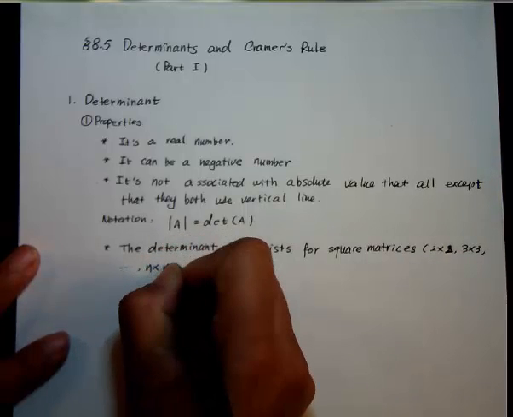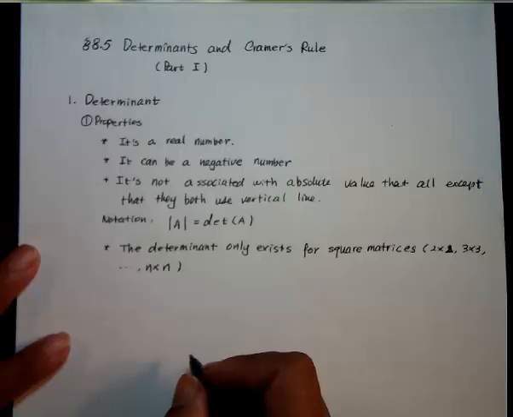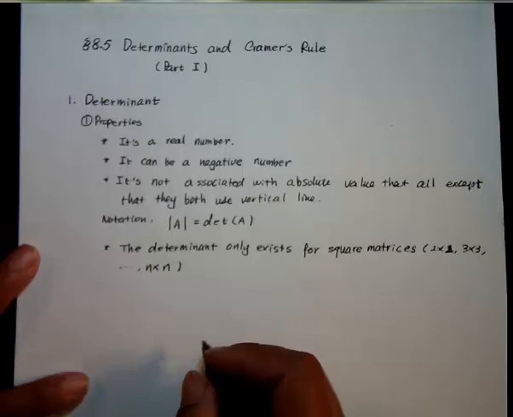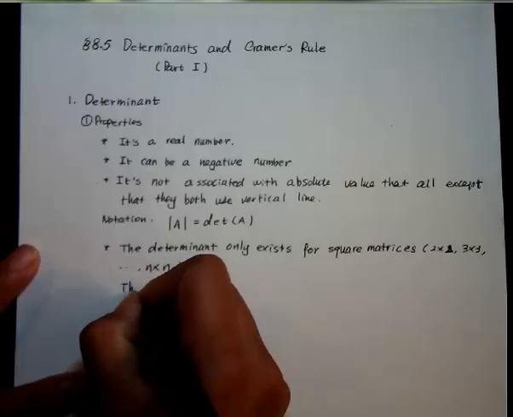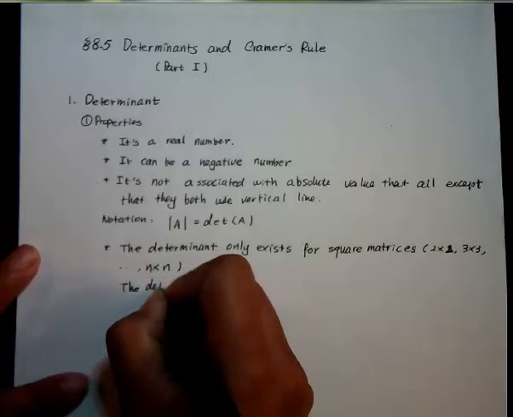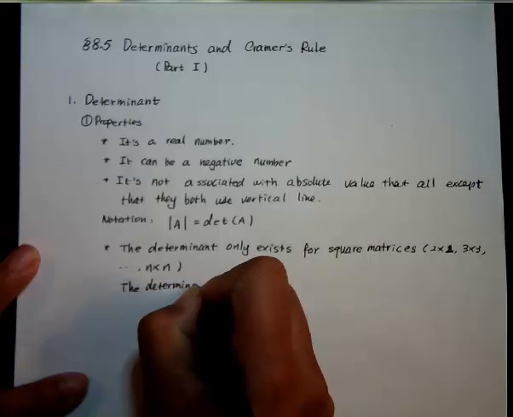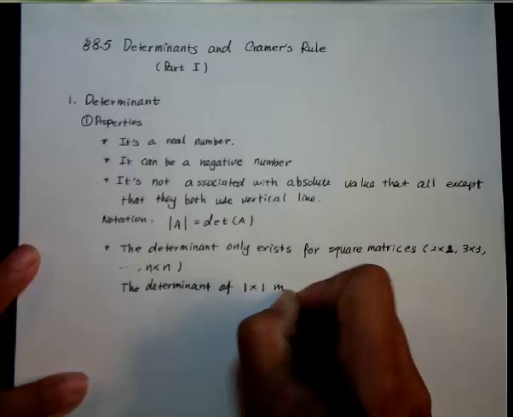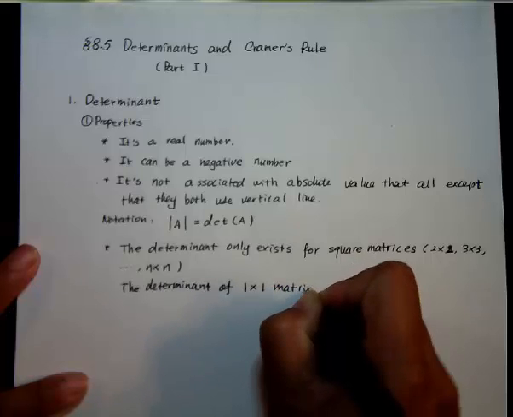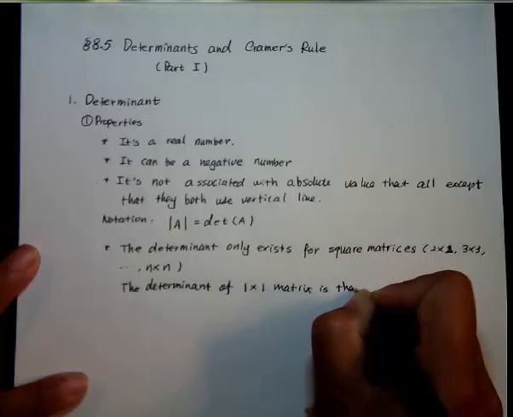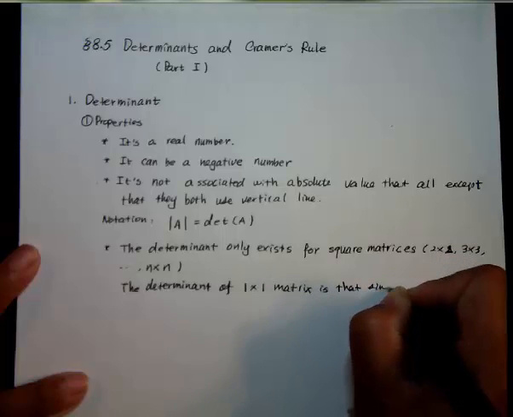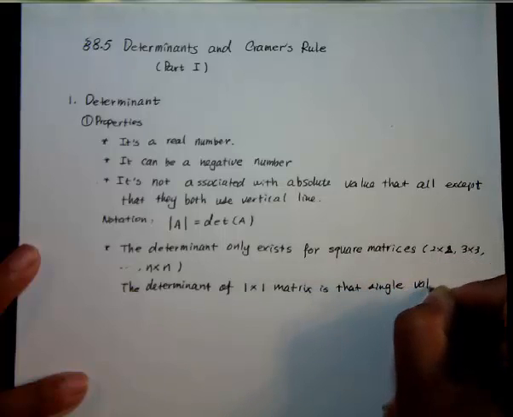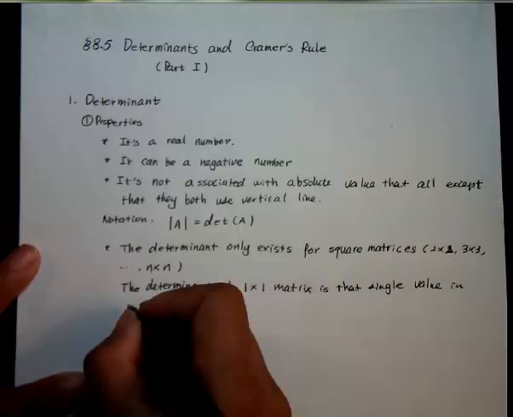The number of rows and the number of columns are the same. The determinant of a 1 by 1 matrix is that single value.